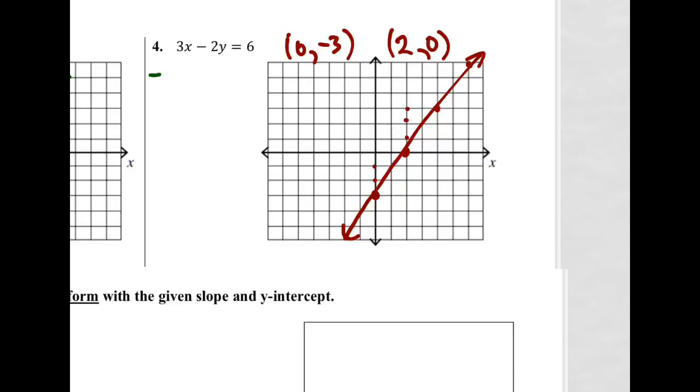So let's subtract 3x from both sides, divide both sides by negative 2. There's your slope, and there's your intercept. Intercept was negative 3. Slope is up 3 over 2. Okay.